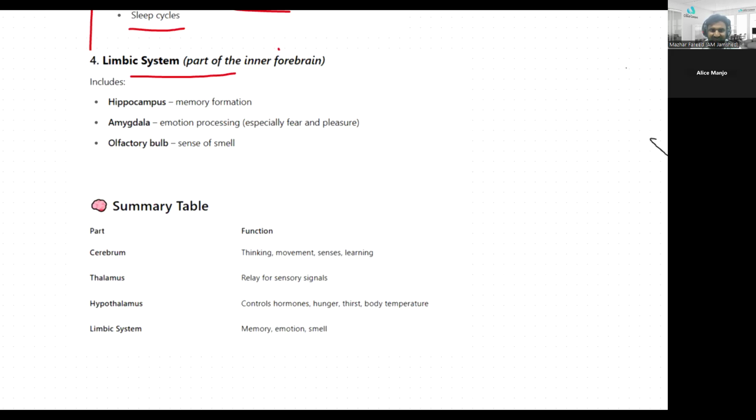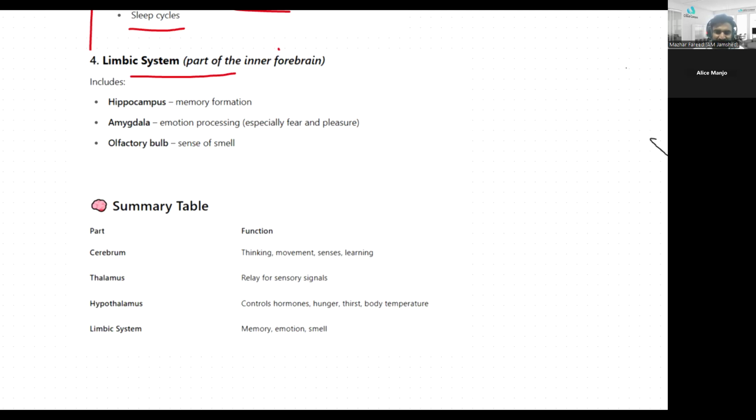The third part of the limbic system is the olfactory bulb. Olfactory bulbs help with the sense of smell. So smell sensory neuron portions are present in the olfactory bulb of the limbic system.